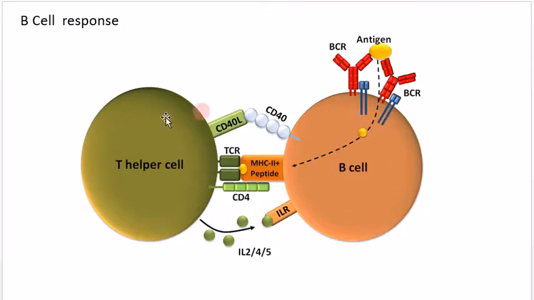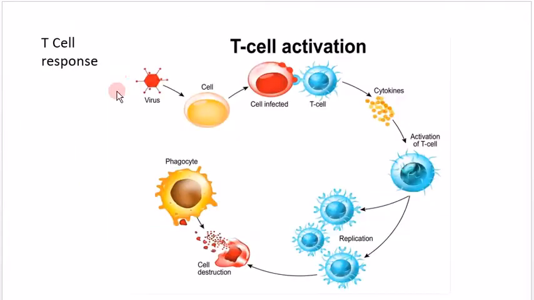That is called activation. Similarly, T cells also get activated only upon the entry of a virus. That is why this happens right inside the core of the body. Once the antigen or virus enters the body cells, these cells get infected and will inform the T cells.